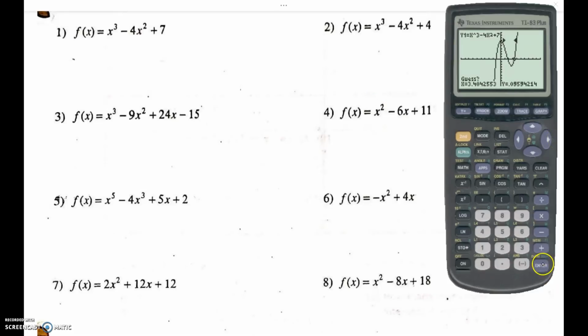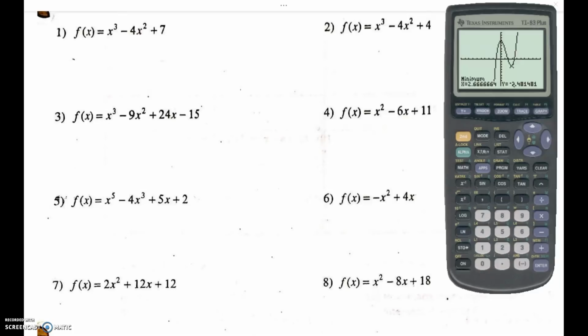Hit enter, guess. I'm ready to get an answer. Hit enter, and it's going to calculate and tell me that the minimum is approximately 2.67 for my x value, and my y value would be negative 2.48 approximately. All right, so that's how we're going to do it. Hopefully our numbers are a little bit nicer than what those are, but that's the process.